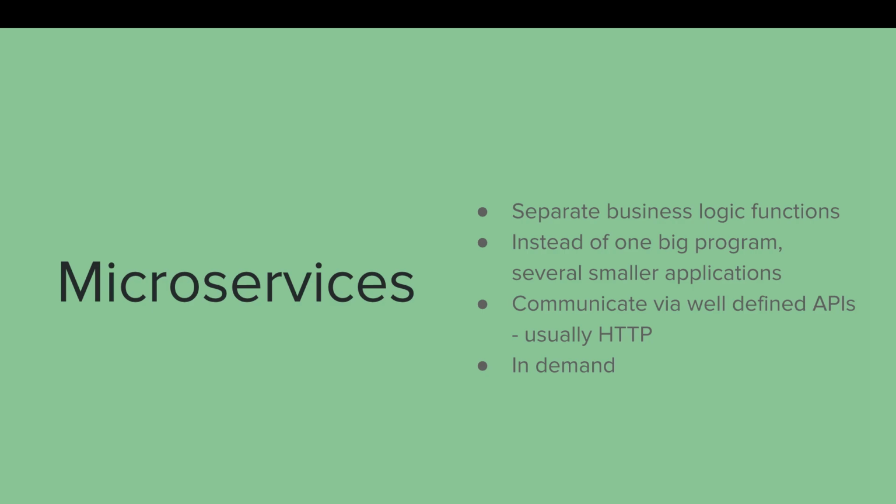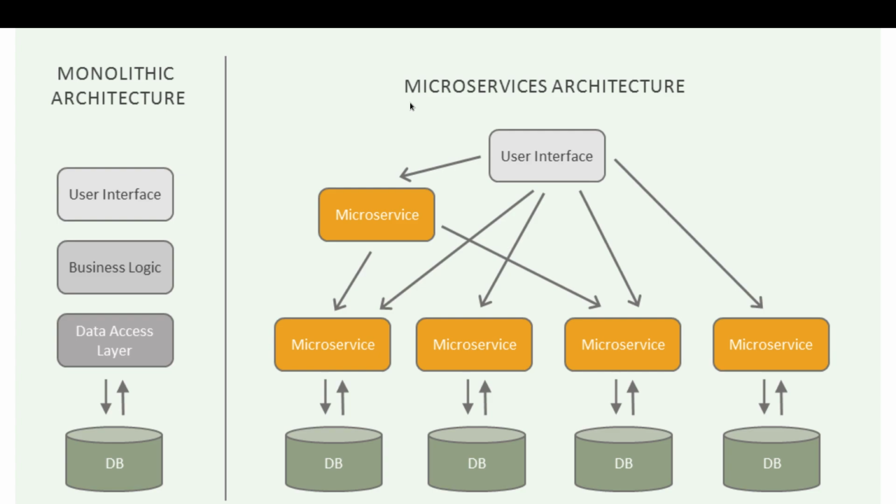So you pick discrete business logic functions, say maybe authentication or logging or user management, a very specific thing, and you put it into its own application. And those different microservices can communicate, since they're going to need to do that. And that's almost always done via HTTP. And you have to have well-defined APIs. And it's really in demand, which is why I'm talking about it.